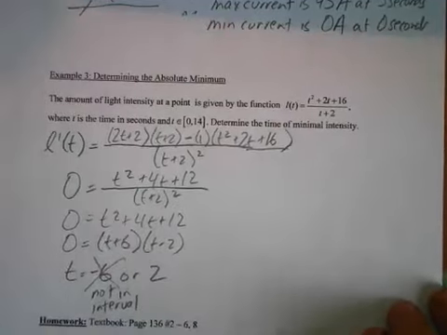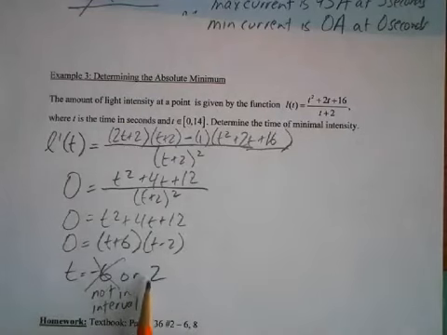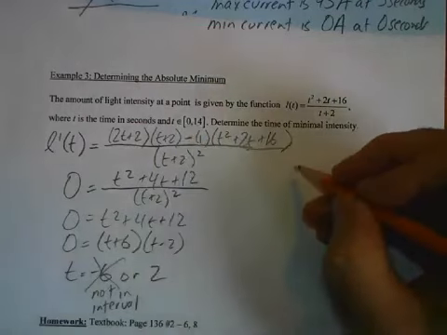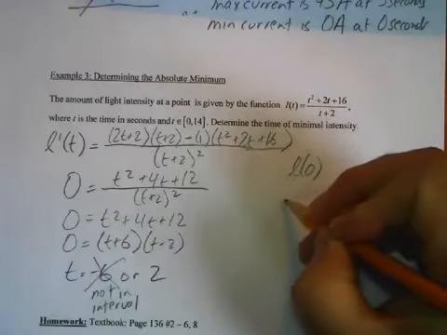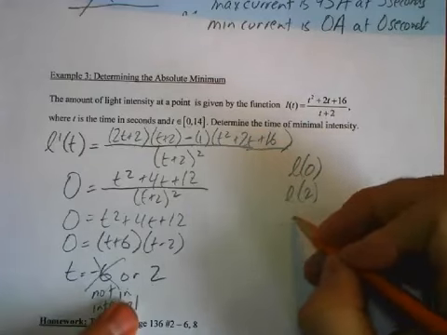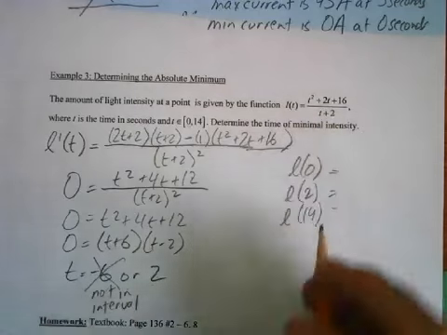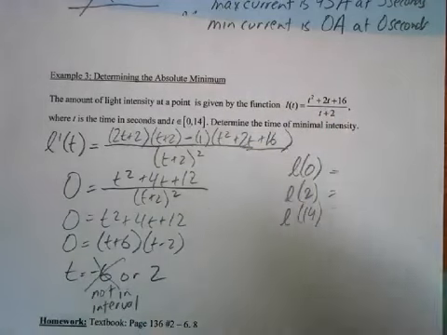Okay, so we want to find the light intensity at 2 seconds from this critical point, and we also want to find it at 0 and 14 seconds. So we're going to do L at 0, L at 2, and L at 14. So plug it into the original equation.